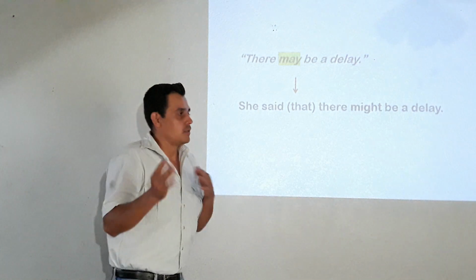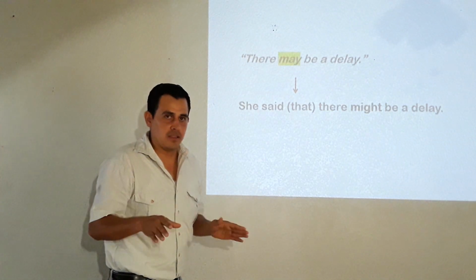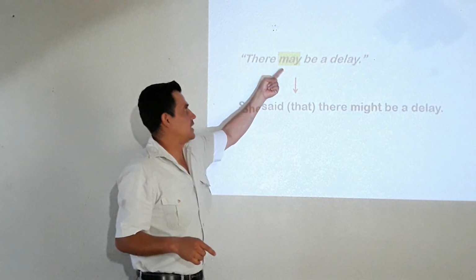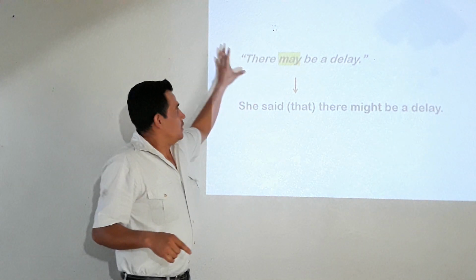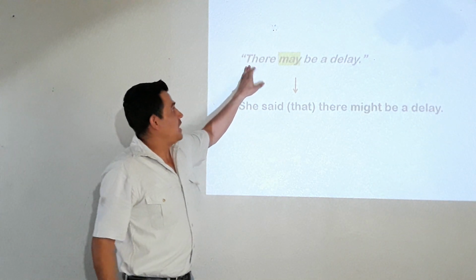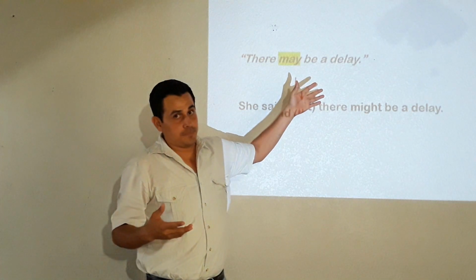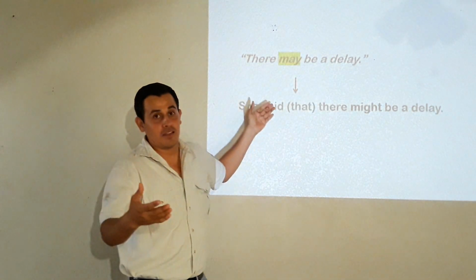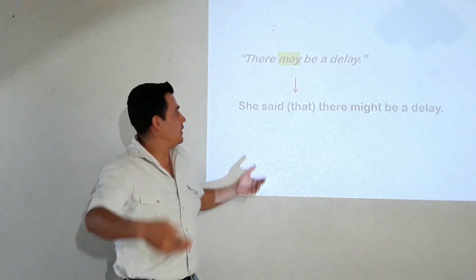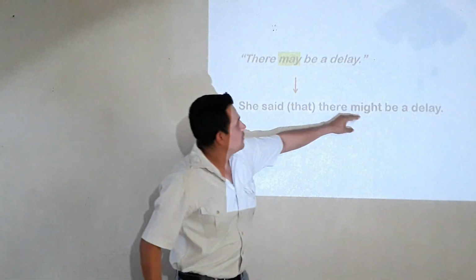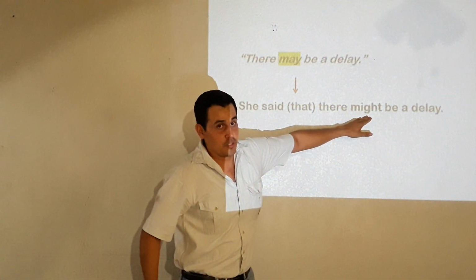In this case, probabilities have nothing to do with anything. It's just the rule that says that if may is present in a statement made by one person, and you want to report that statement to somebody else, you mention that might must be your modal.